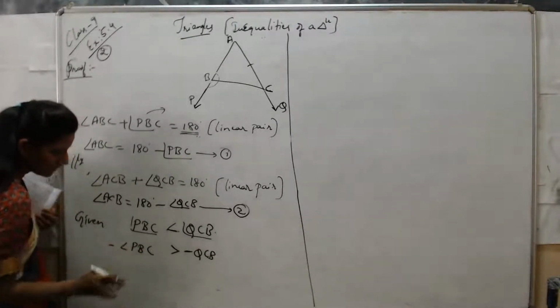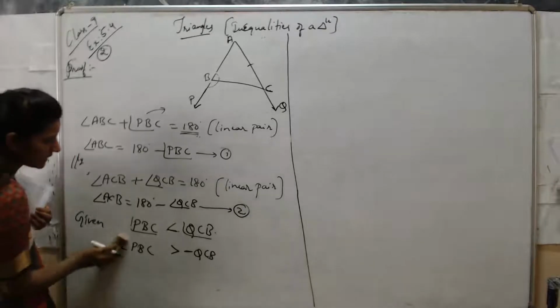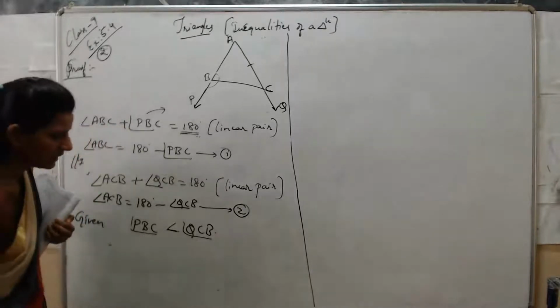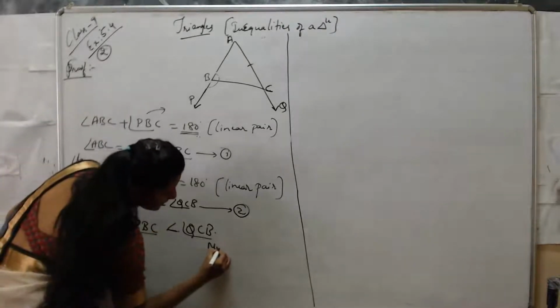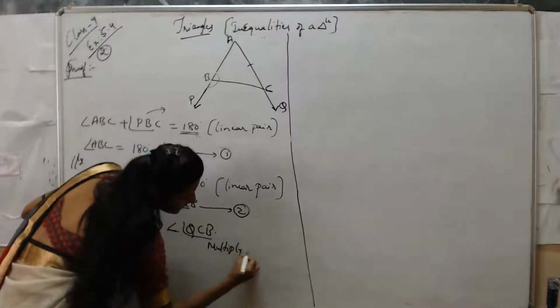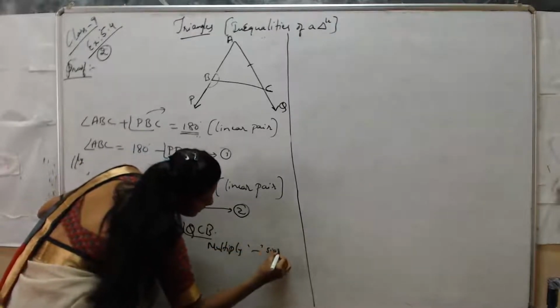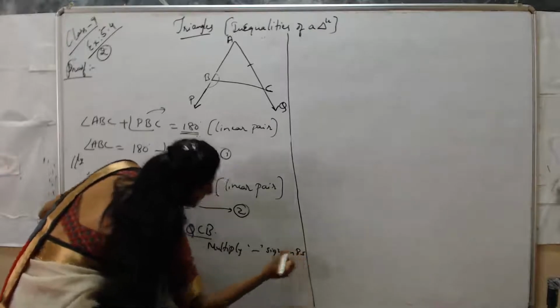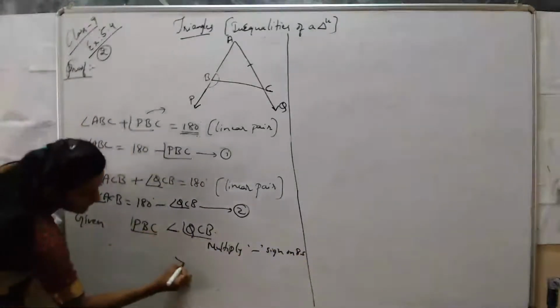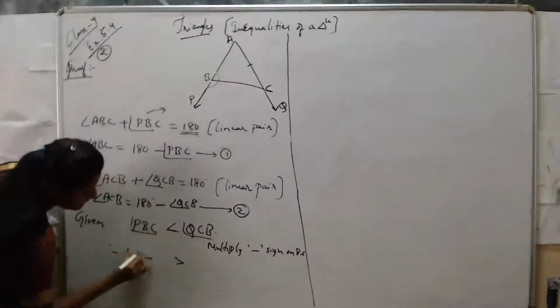Multiply minus sign on both sides. Then less than becomes greater than. This is the condition.